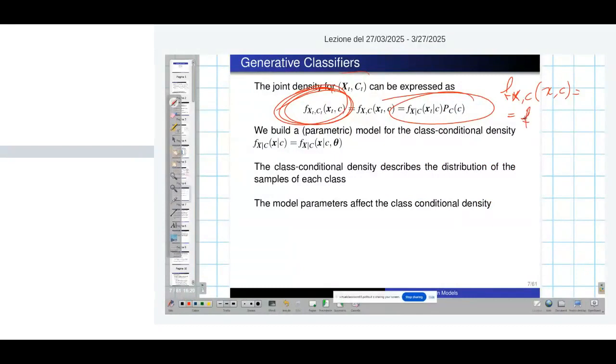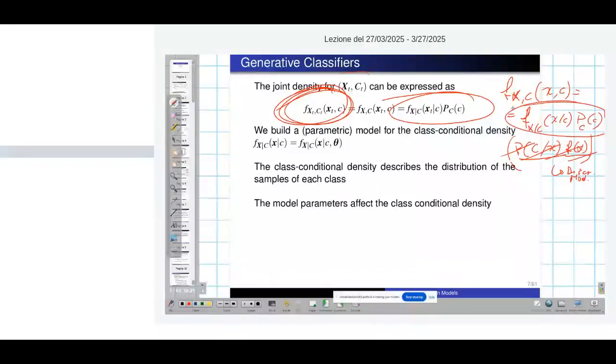It can be factorized as a class conditional density times a marginal for the class, or it can be factorized as a class posterior density times a marginal for the feature vector. This, we will see later, leads to discriminative probabilistic models. The first leads to generative models.